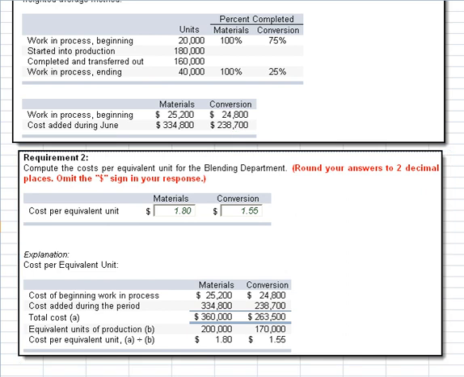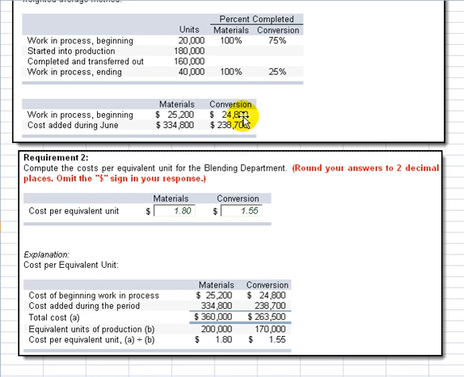So what happens here? We know cost per equivalent unit is $1.80 for materials and $1.55 for conversion. Well, we already computed the units earlier, and the units were 200,000 for materials and 170,000 for conversion. Now, they gave us total cost of 25,200 in beginning, plus they added 334,800, so we have a total of 360,000.